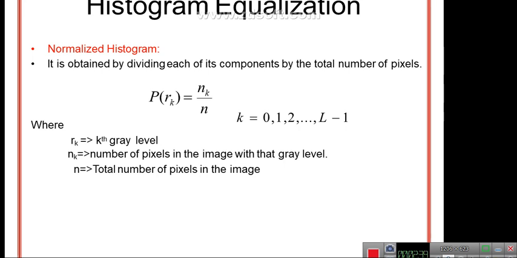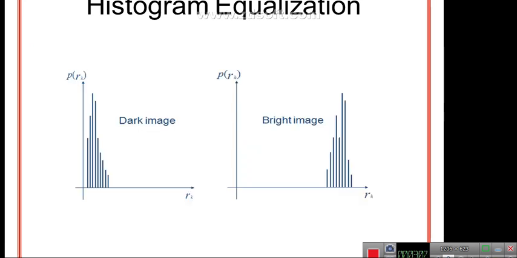The normalized histogram is obtained by dividing each of its components by the total number of pixels. Here r sub k represents the kth gray level, n sub k represents the number of pixels in the image with that gray level, and n represents the total number of pixels in the image. So p of r k is equal to n k by n.